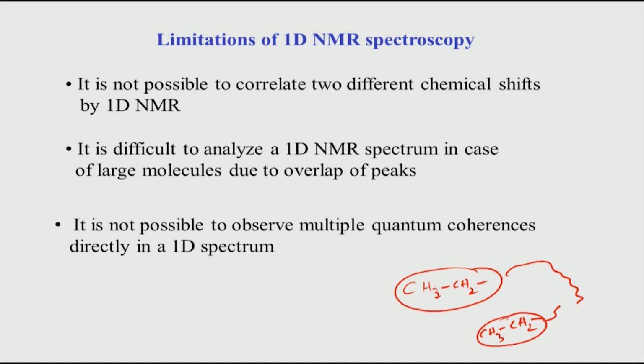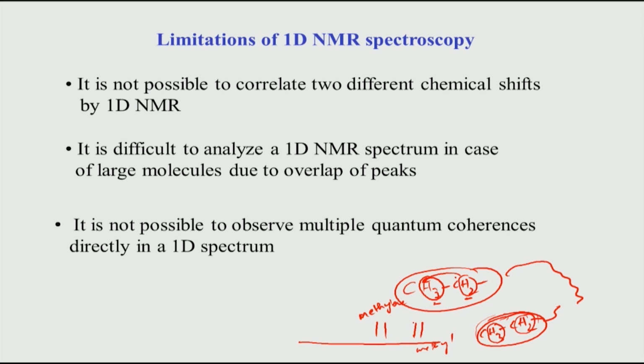Now, this CH2 proton is coupled to this CH3 proton, so you expect a triplet for this and a quartet for this. At the same time a similar thing is happening here. Here also I get a quartet for this proton and a triplet for this proton. So, if I record a spectrum, I will get two triplets in the methyl region and two quartets in the methylene region.